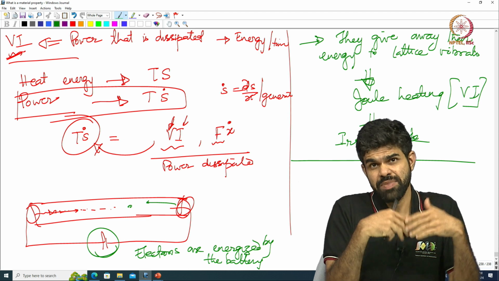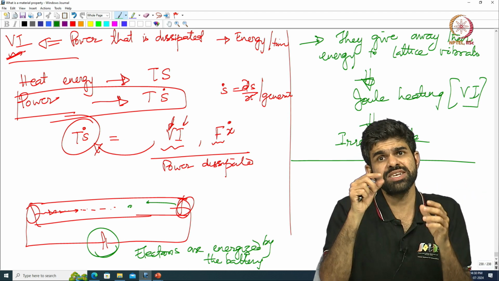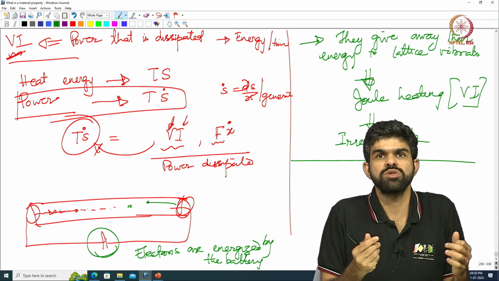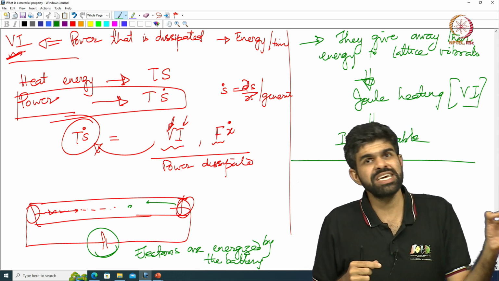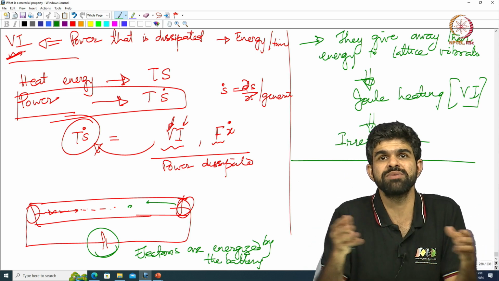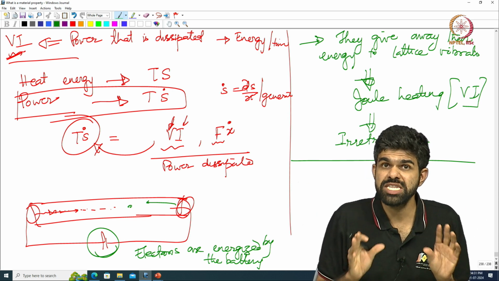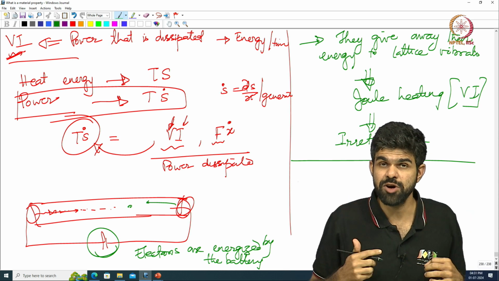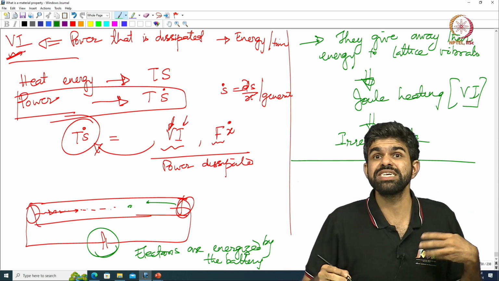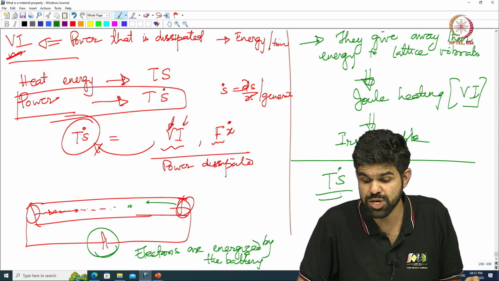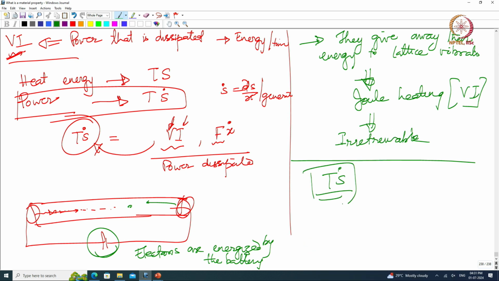But if I have a metallic wire, where the resistance is small enough and the conductivity is large enough, then by sending current into platinum, I am just heating up platinum, and I am dissipating all my energy. This dissipation is an irretrievable form of power. So we look at dissipation in terms of power dissipated, and power dissipated is nothing but TṠ. TṠ is the heat energy rate, the power that is dissipated.